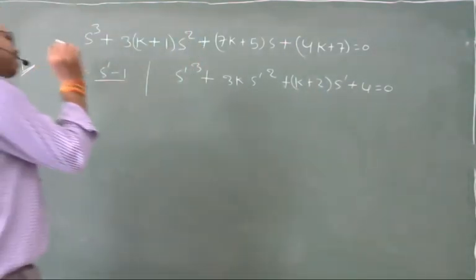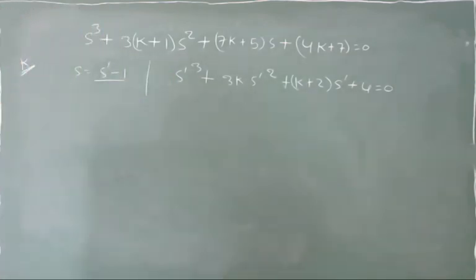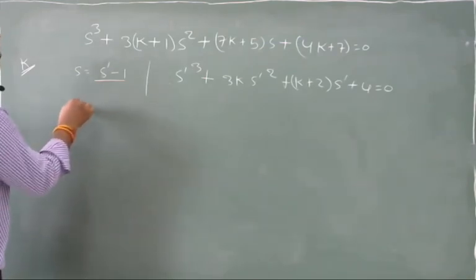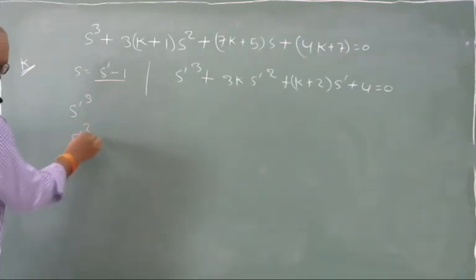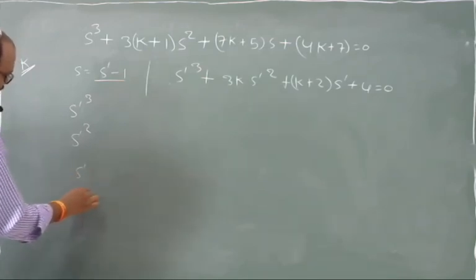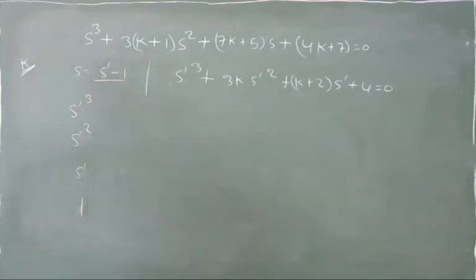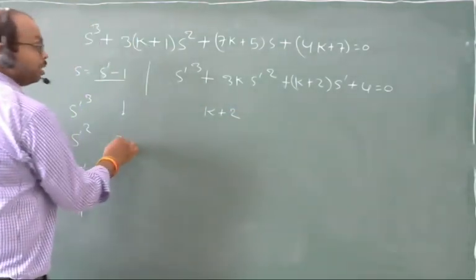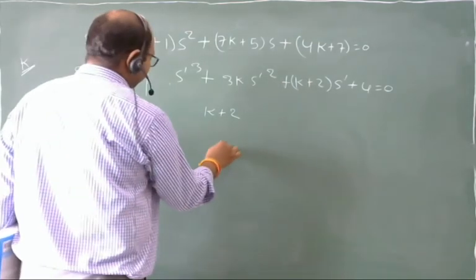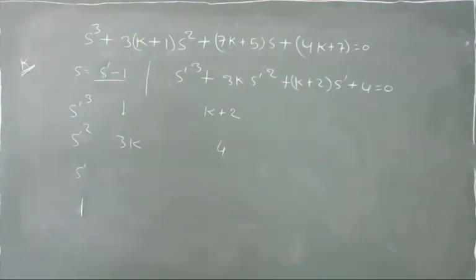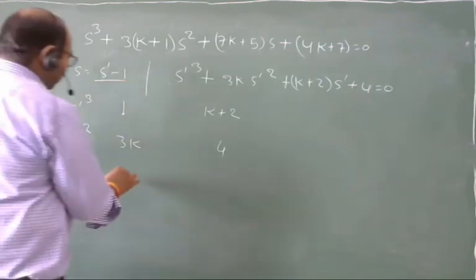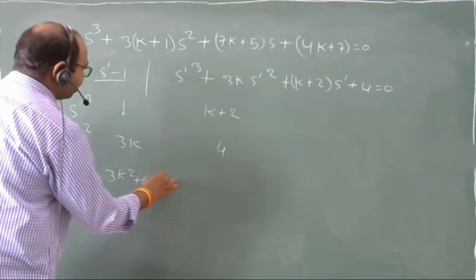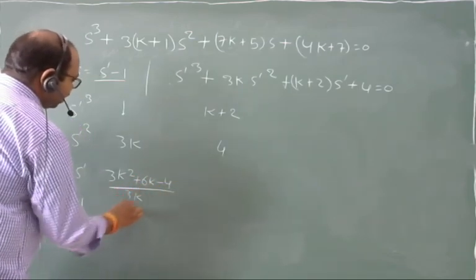Now the center of this equation is at minus 1. Now make the Routh table. Here the coefficient is 1, here k plus 2, here 3k, and here 4. And the value here will be (3k square plus 6k minus 4) divided by 3k, and here I am having 4.